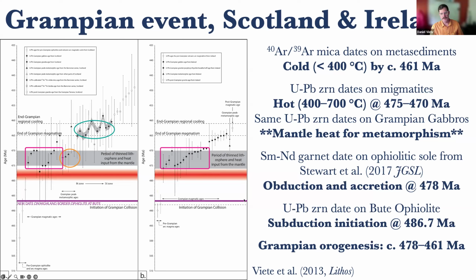So we have here some constraints whereby convergence began at about 487 million years ago. The first evidence of collision of the juvenile terrane with the margin is at about 478. There was peak metamorphism within several million years of that, and then cooling was relatively quick as well.